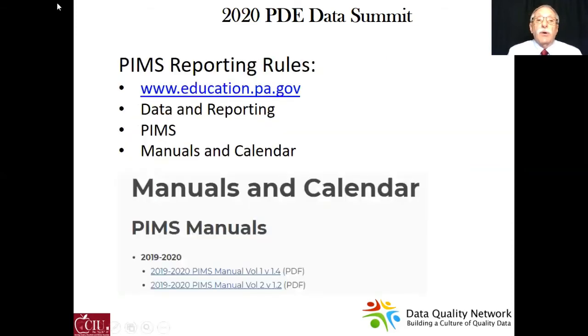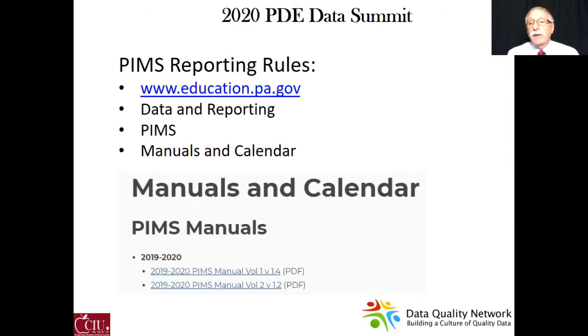So I had talked about reporting rules. Where are the PIMS reporting rules? Well, if you go to www.education.pa.gov, go to Data and Reporting, then to PIMS, and then Manuals and Calendars. Down the page, you will find two PIMS manuals, Volume 1 and Volume 2.